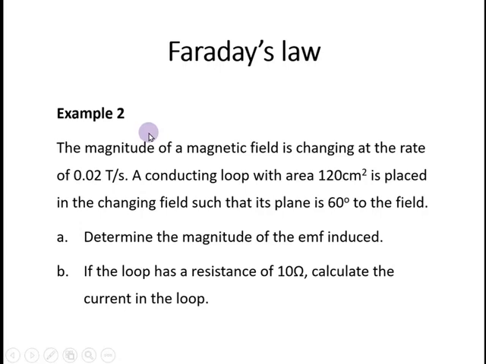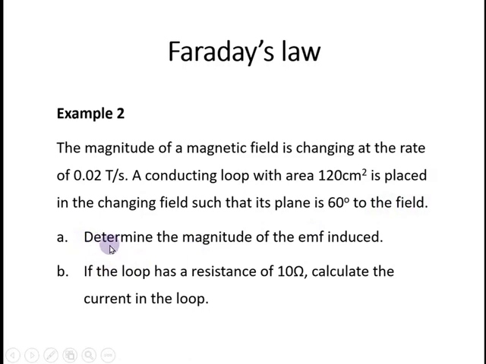So this is our second question. The magnitude of a magnetic field is changing at the rate of 0.02 Tesla per second. A conducting loop with area 120 centimeter squared is placed in the changing field such that its plane is 60 degrees to the field.